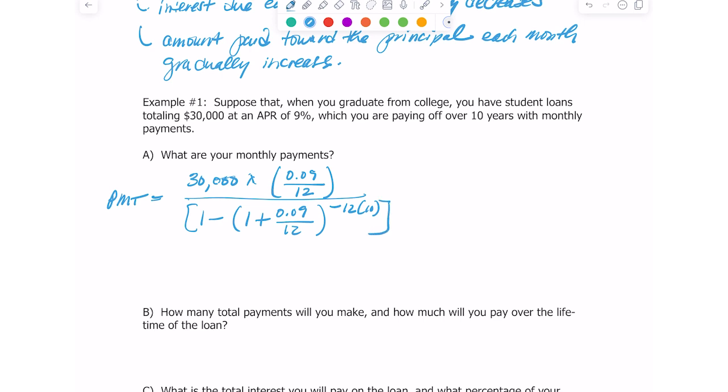Simplifying that, we've got 30,000 times 0.09 divided by 12, which is 0.0075, all over 1 minus (1 plus 0.0075) to the negative 12 times 10, which is negative 120.